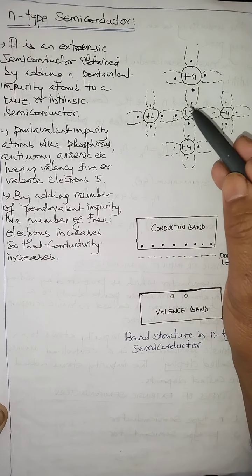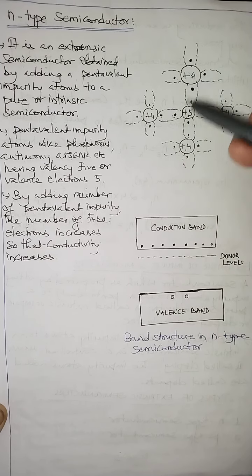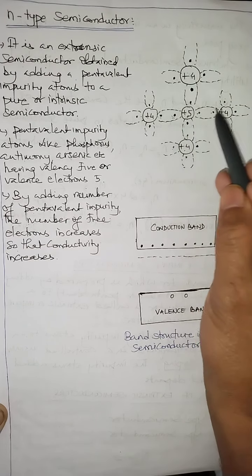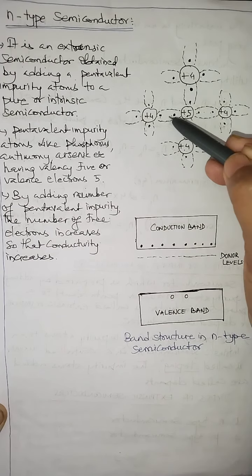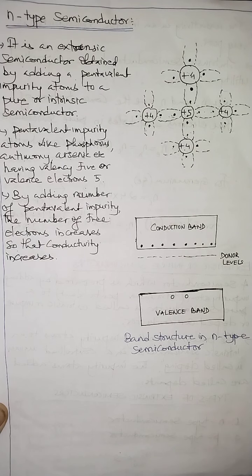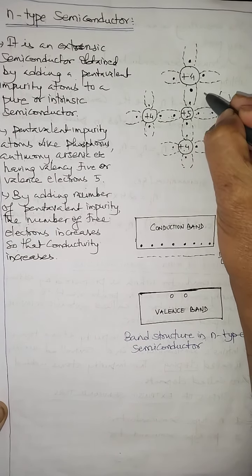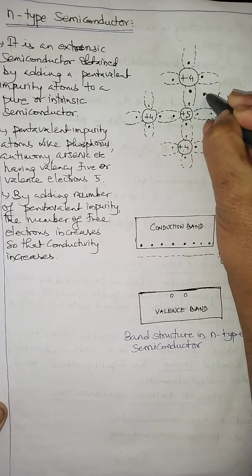So out of 5, 4 have been shared. When they share the electrons with the neighboring silicon or germanium atoms, they form what bond? Covalent bond. These are all covalent bonds. That means every pentavalent impurity atom has one excess electron, one electron which is free.